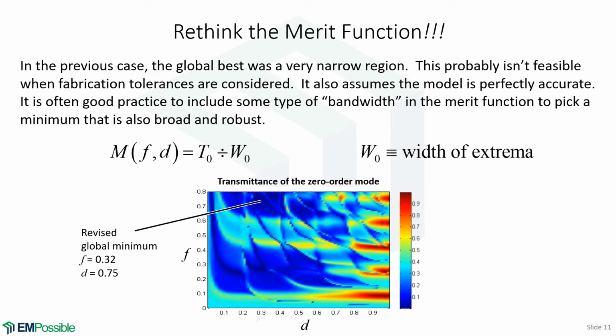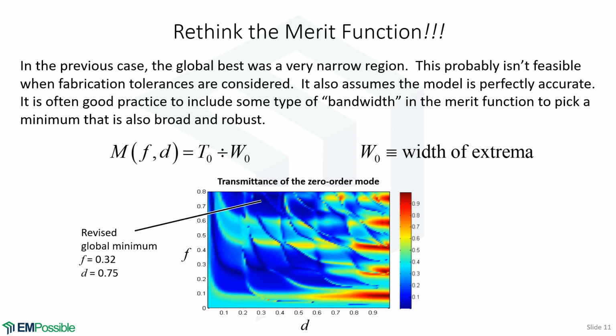Let's rethink the merit function. We already mentioned some of this. Maybe the absolute global best is right here if we're considering only transmittance. However, look how narrow that is. We have to get F and D right on in order to get that. Well, what if our manufacturing can't do that? What if there's more slop in our manufacturing?